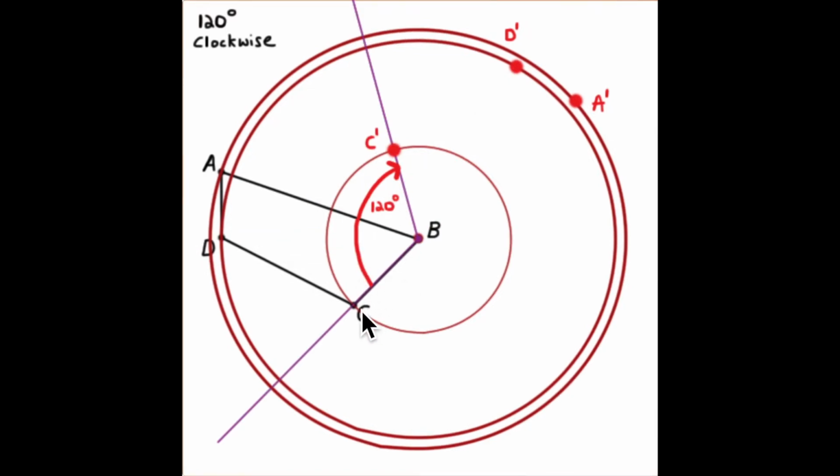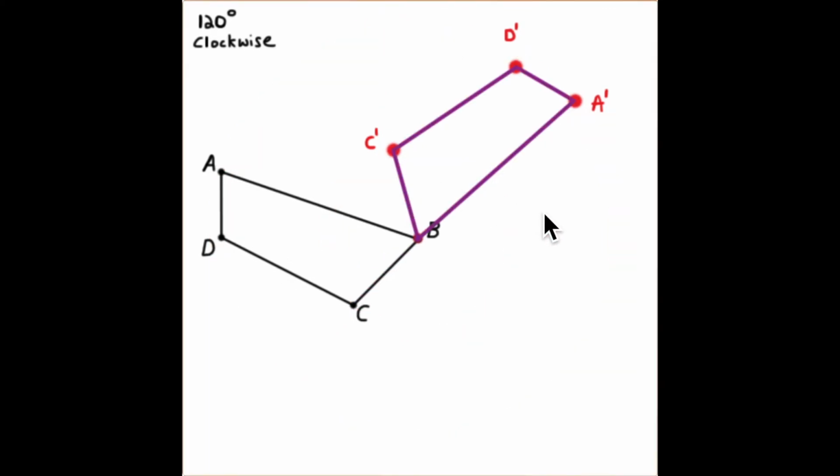And C is going to move 120 degrees along its circle to C prime. Again, I'm using that angle, 120 degrees. The vertex is at B. The rotation is 120 degrees clockwise. Get rid of all the circles, connect the points, and this image now has rotated 120 degrees.